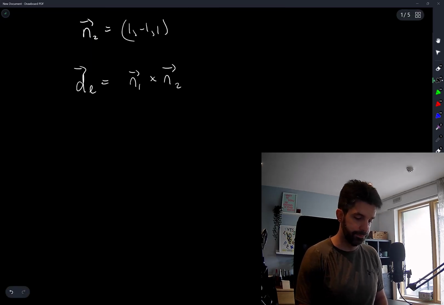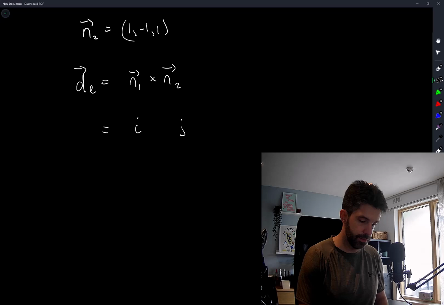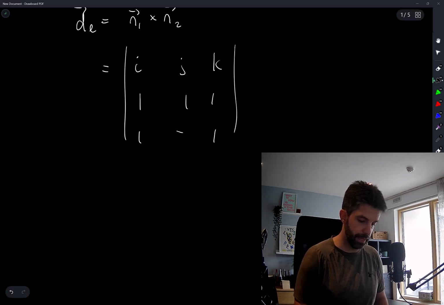And now I get to remember how to do cross products. I used to have this formula memorized. I, j, k over 1, 1, 1, over 1, negative 1, 1. I'm looking for the determinant of that.